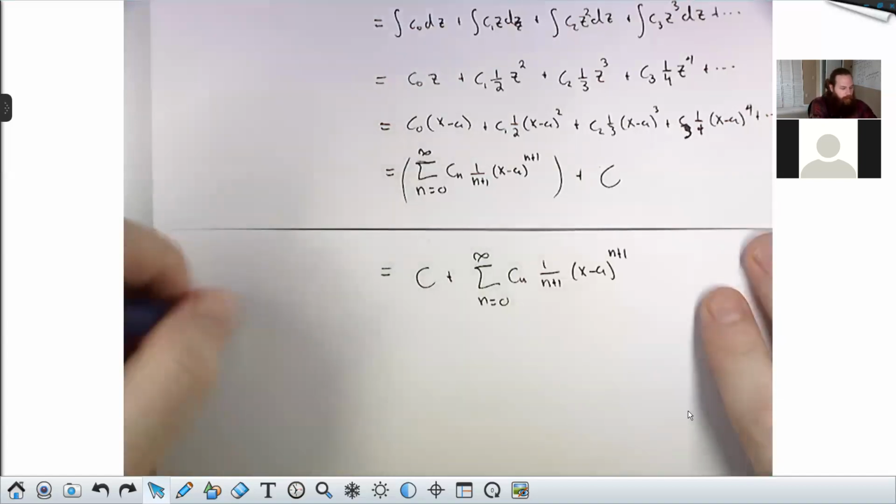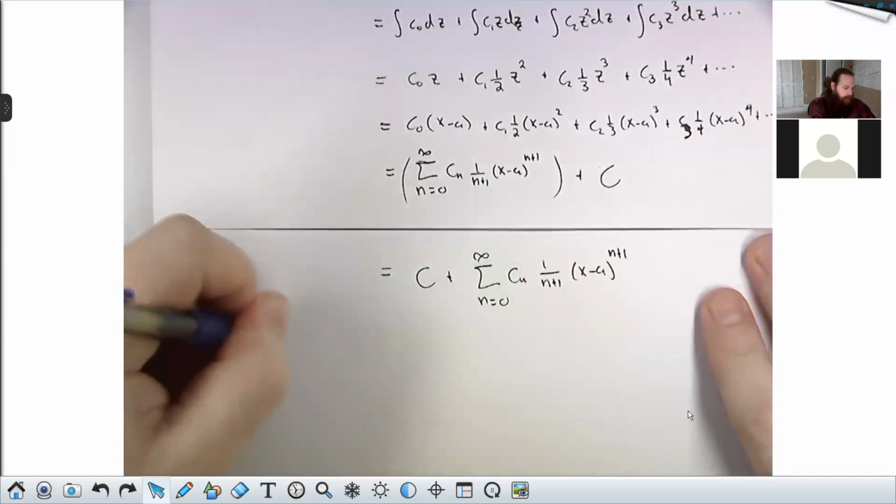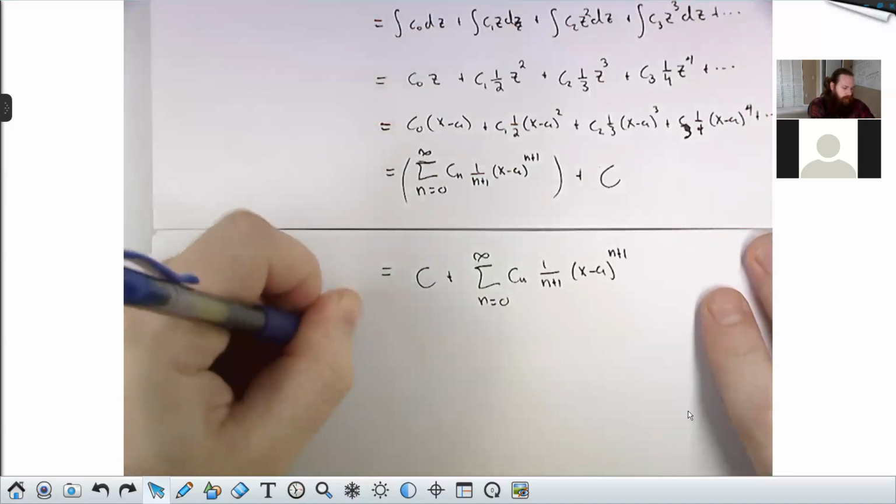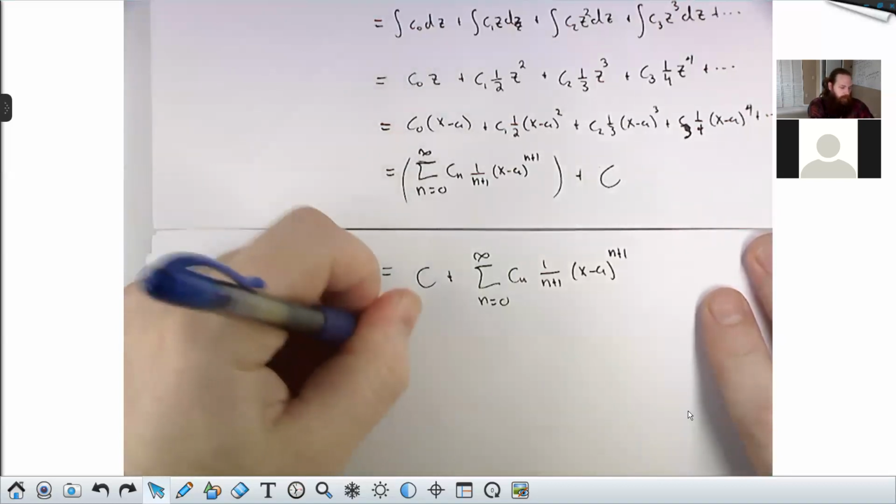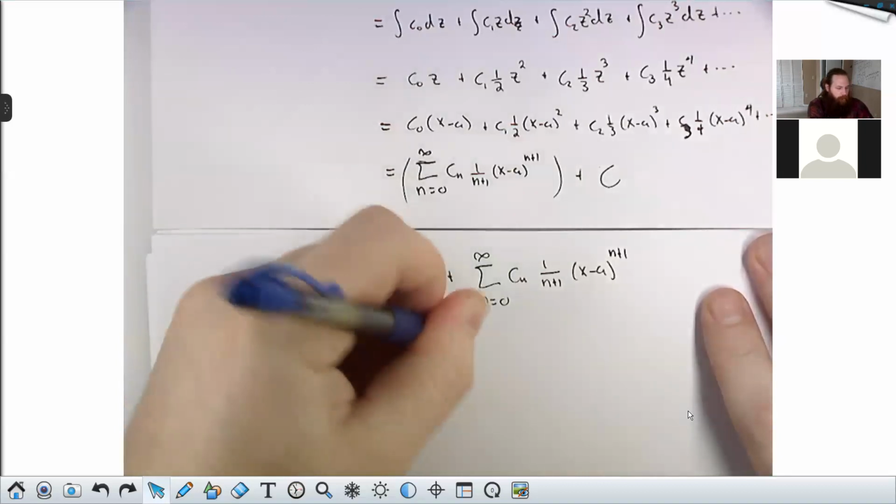All right, so the radius of convergence doesn't change because of the ratio test.